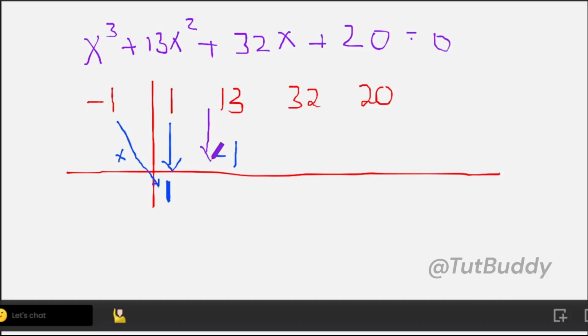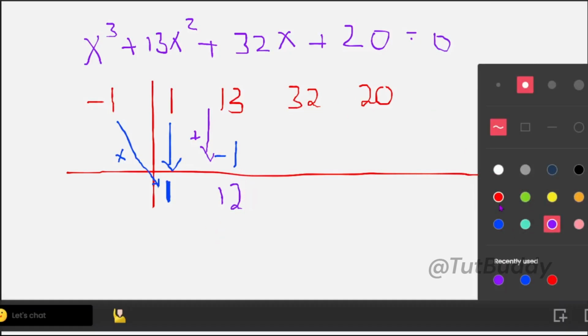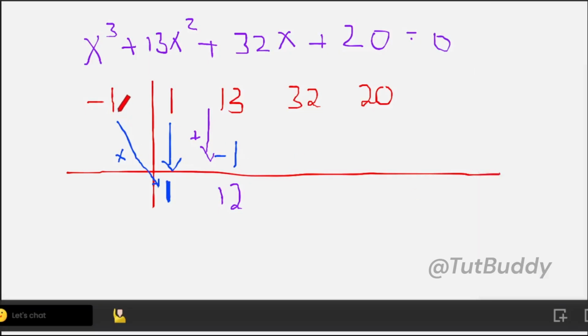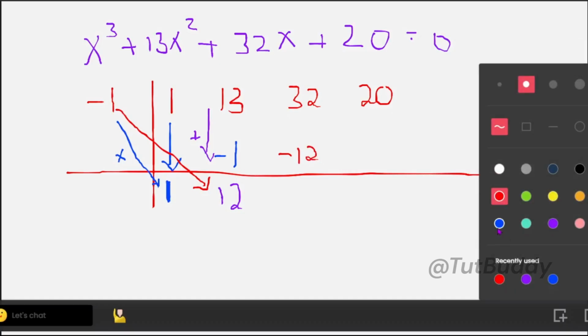This is just normal addition. So 13 plus minus 1 will give me 12. Now again, I'll diagonally multiply. Diagonals are all multiplication. So I'll multiply minus 1 with 12. Minus 1 times 12 is minus 12. Now again, vertically, I'll just add.